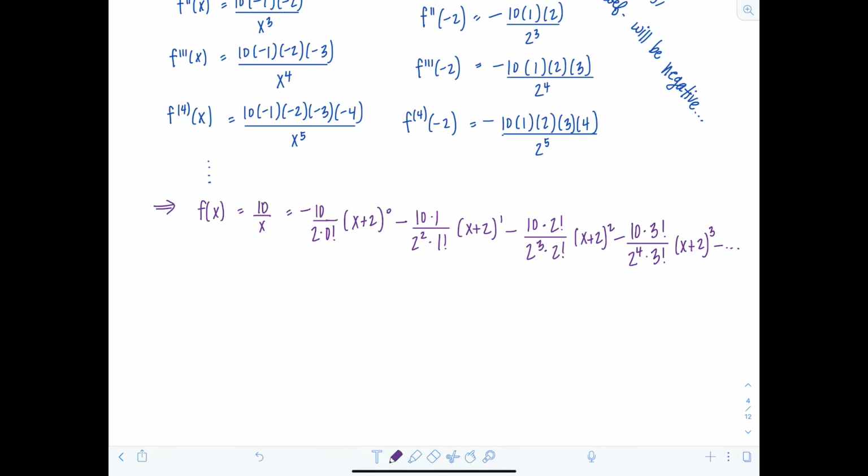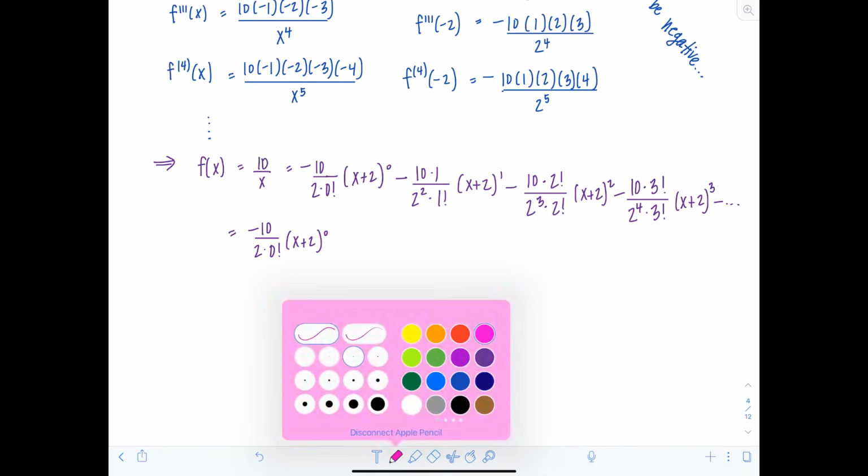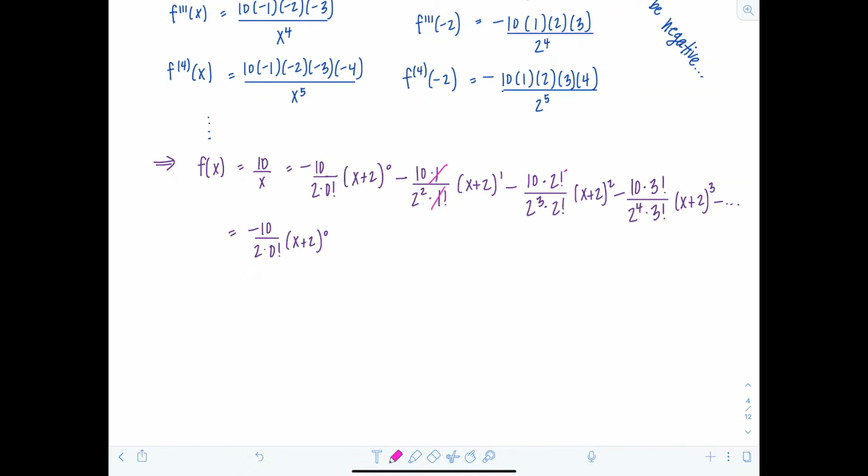So look, we can clean this up a little bit. I can write this as negative 10 over, we'll just leave it like this, 2 times 0 factorial times x plus 2 to the 0. But the factorial can cancel out, right? These cancel, these cancel, these cancel. So really, I don't even need this anymore. It's not going to remain in any of the terms.